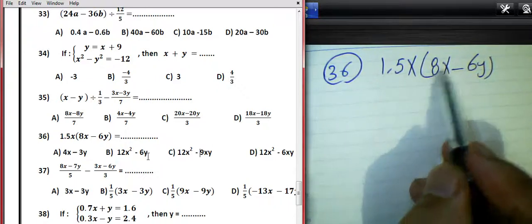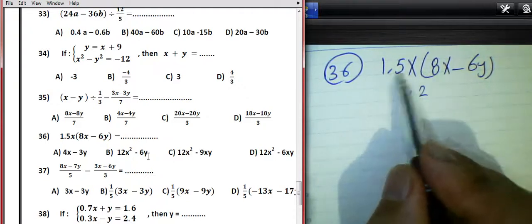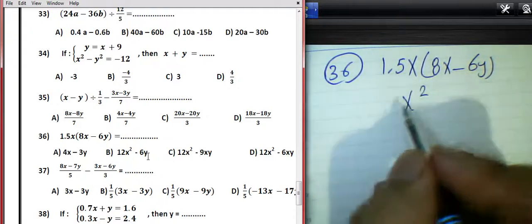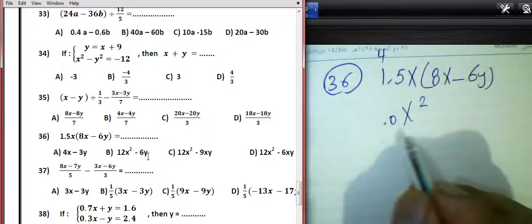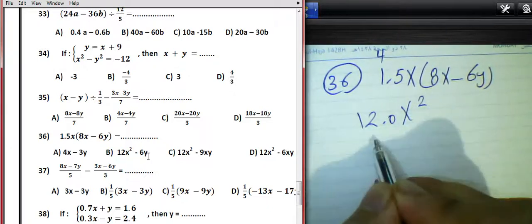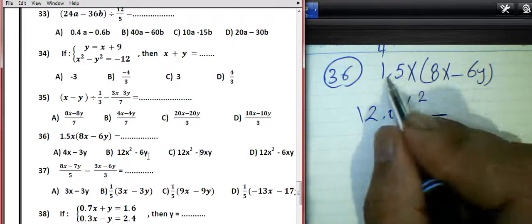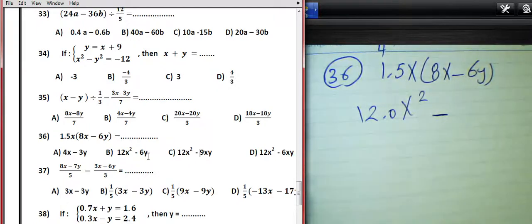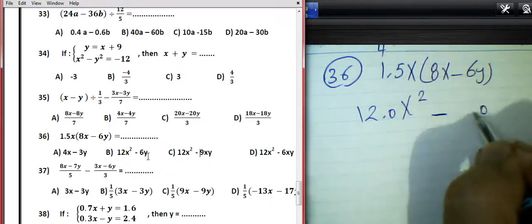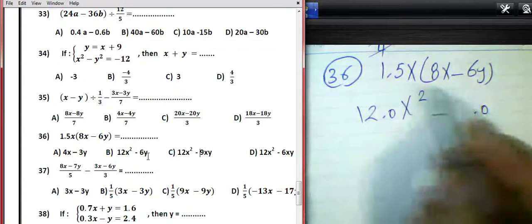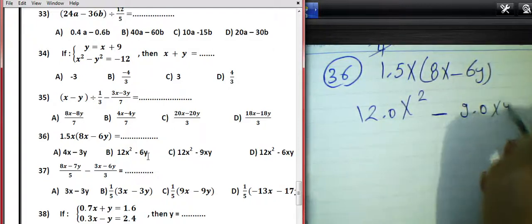1.5 multiply 8x times x equal x power 2, and 8 times 1.5, 5 times 8 equal 40, 0 and carry a 4. 1 times 8 equal 8, 8 plus 4 equal 12. So the result will be 12x power 2 subtract 6 multiply 1.5, 5 times 6 equal 30, 0 and carry 3. 1 times 6 equals 6, 6 plus 3 equals 9, and we write xy behind it.